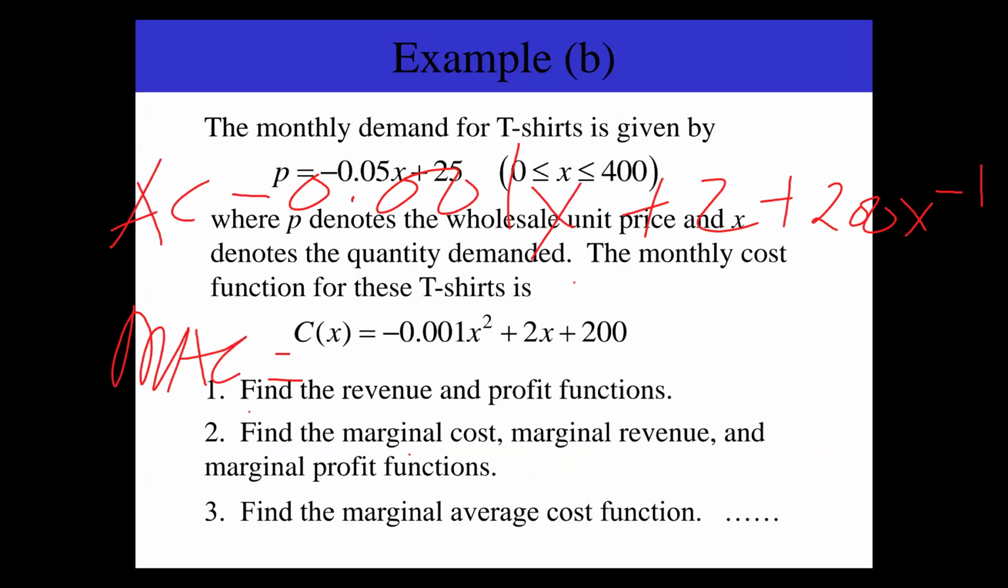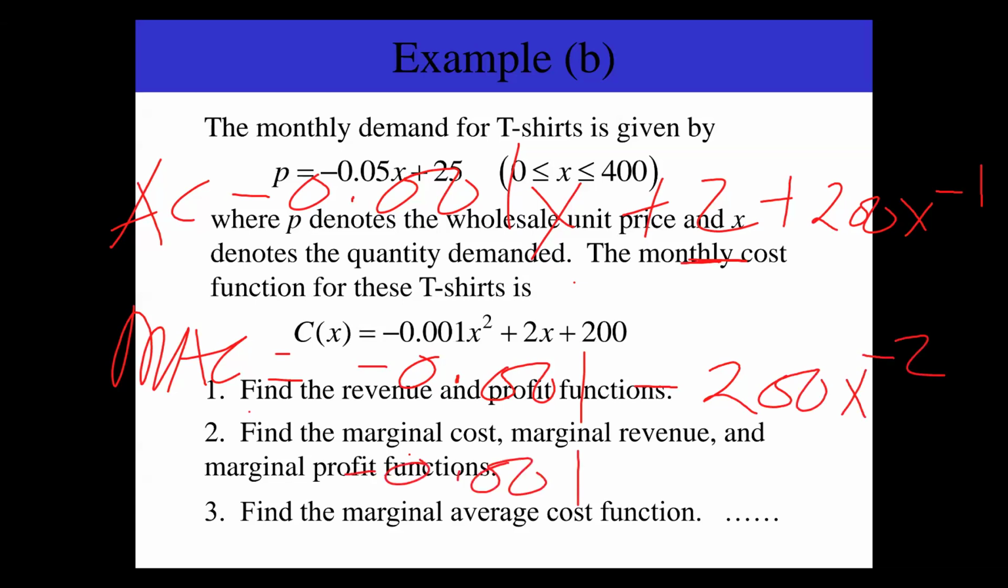When we differentiate this, we'll have negative 0.001, this is a constant, minus 200x to the power negative 2, which is negative 0.001 minus 200 divided by x squared, yeah? Marginal average cost.